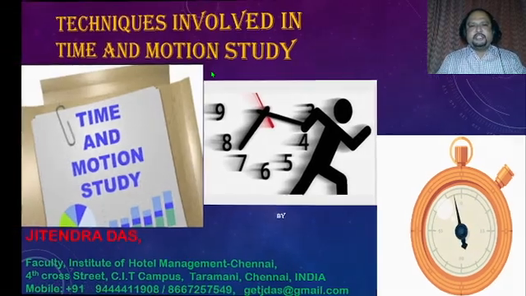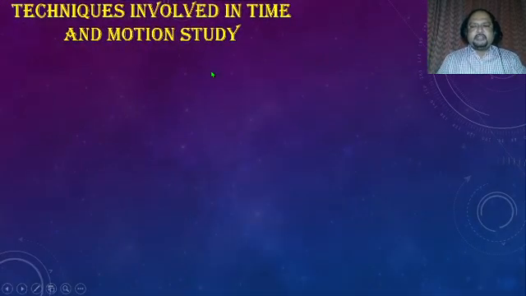Let us proceed to the next slide, where we will discuss the techniques involved in the time and motion study, and we will see that there are 6 different techniques which are used to conduct time and motion study in the Housekeeping Department of hotels and various similar organizations.